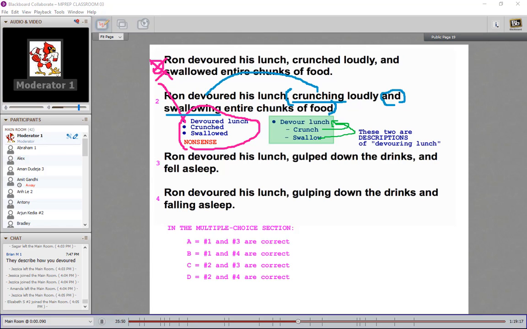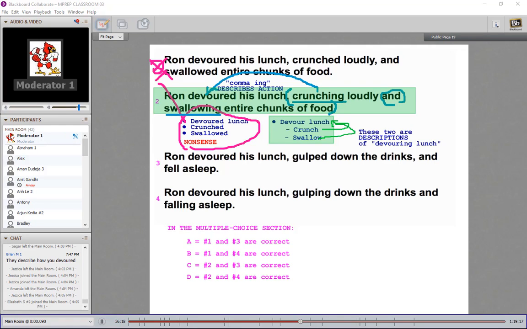And the way that works is it modifies the action that came before it. So if you don't know how those work, they're in our strategy guide. We also have study hall sessions on it. But comma ing is perfect here. Describes this action. This is exactly what we want to do. So this is the one that works out of these two.